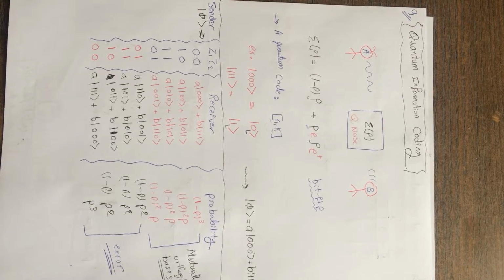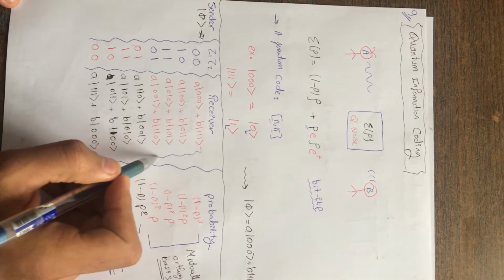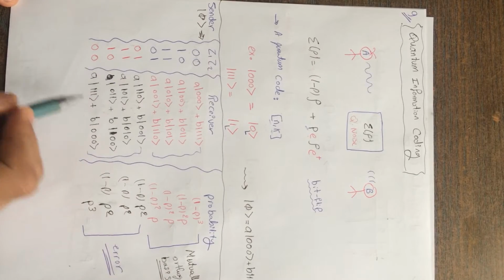If you look at those states, we have 4 and other 4, those for the errors.